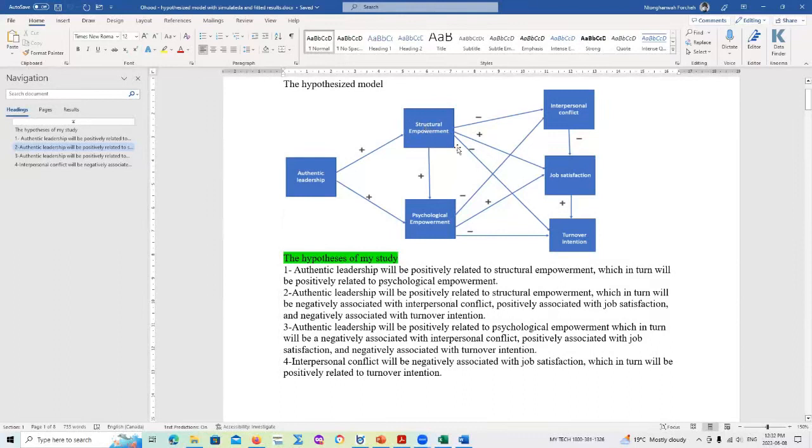Like when I proposed this hypothesis, I said, okay, I'm not saying there's a mediation in here. No, I get you.